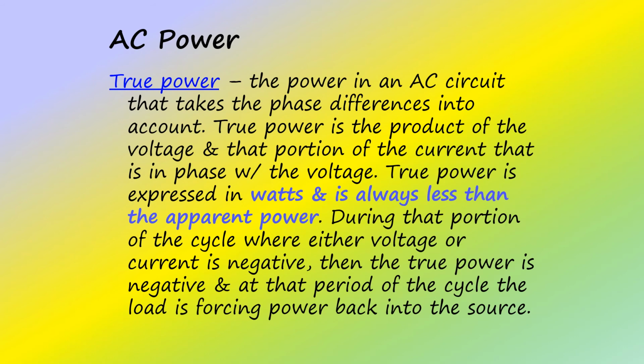True power is the product of the voltage and that portion of the current that is in phase with the voltage. True power is expressed in watts and is always less than the apparent power. During that portion of the cycle where either the voltage or current is negative, then the true power is negative, and at that period of the cycle, the load is forcing power back into the source.